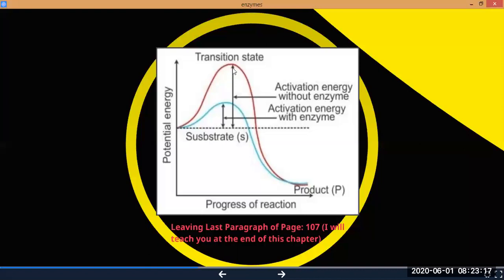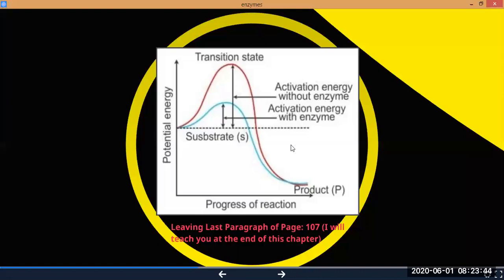Let's say 1000 kilojoules, right? But as soon as you use enzyme in that medium or in the cell or in the bowl, the demand of activation energy is lowered. Look at the blue graph, blue peak. The demand is lowered. And this is happening because of enzymes.